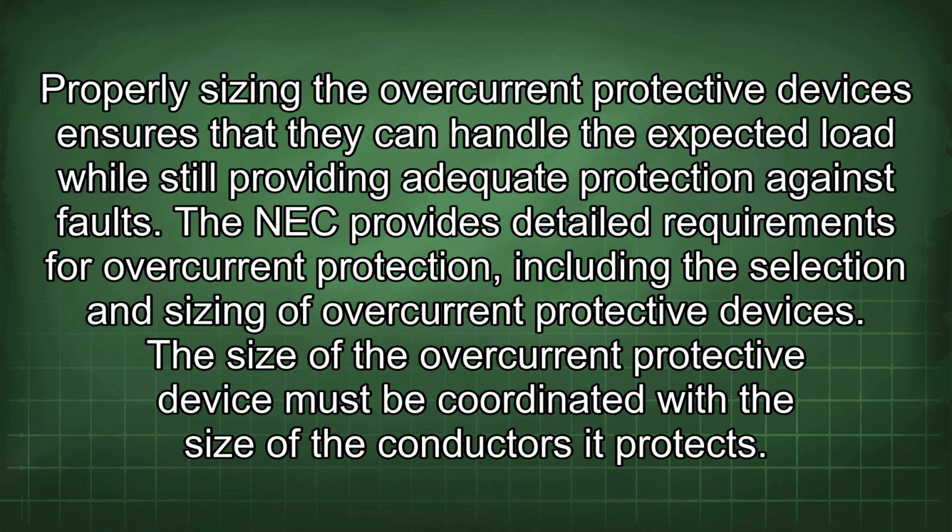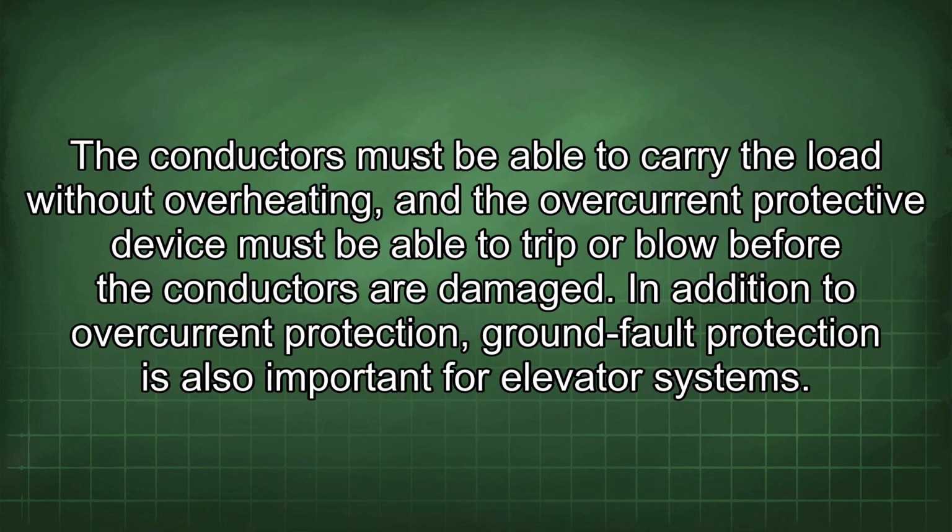The NEC provides detailed requirements for overcurrent protection, including the selection and sizing of overcurrent protective devices. The size of the overcurrent protective device must be coordinated with the size of the conductors it protects. The conductors must be able to carry the load without overheating, and the overcurrent protective device must be able to trip or blow before the conductors are damaged.